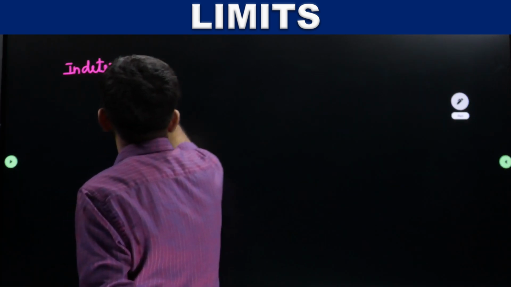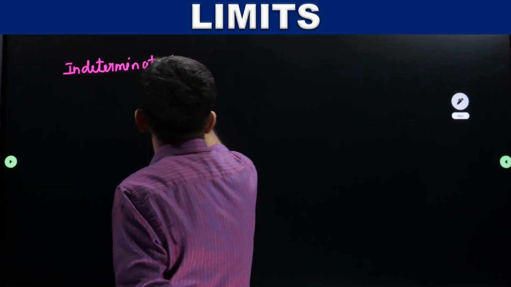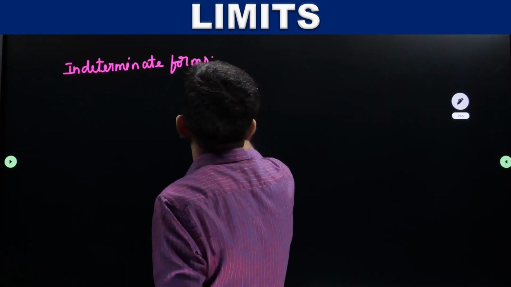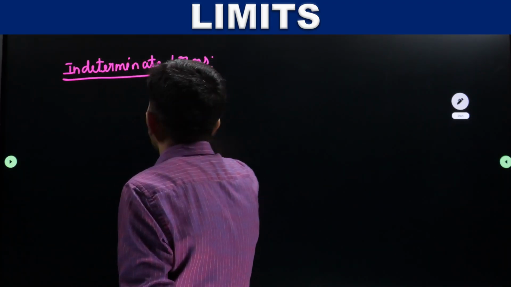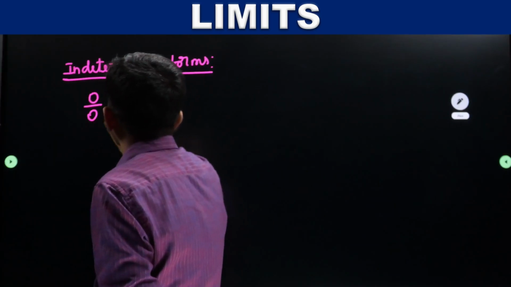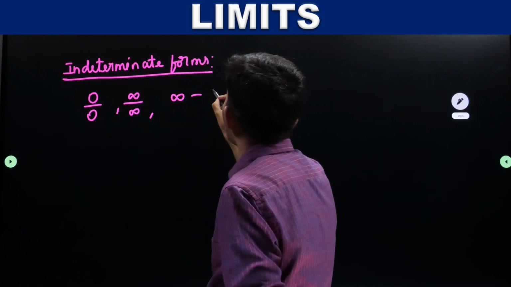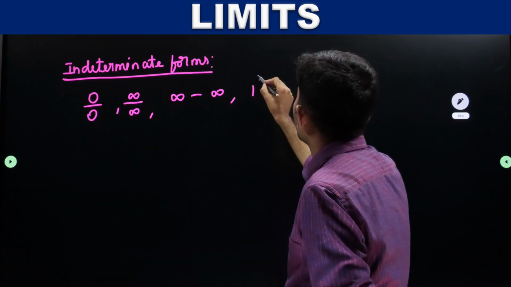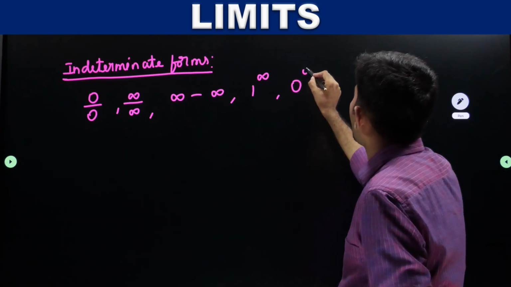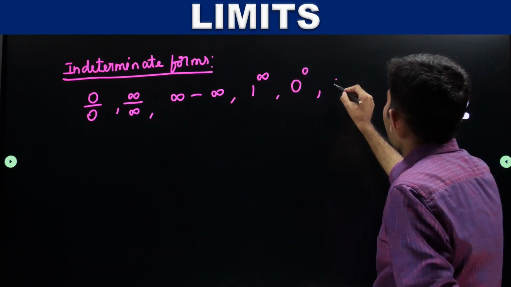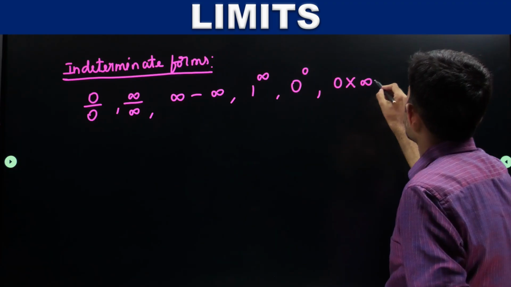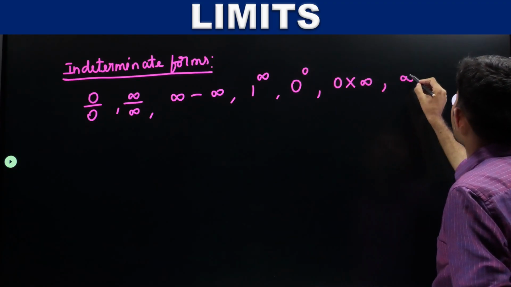Which are the indeterminate forms? Some of the frequently used indeterminate forms are 0 by 0, infinity by infinity, infinity minus infinity, 1 to the power infinity, 0 power 0, 0 into infinity, infinity power 0.